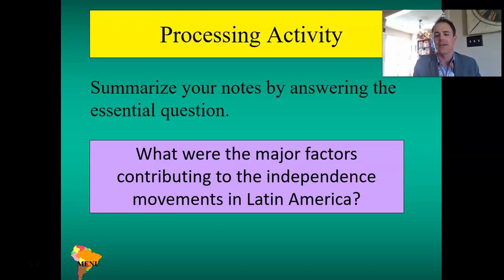Like, I don't want to see Simon Bolivar in here. That's too narrow. But don't get too broad and say something like the major factors were political. So you've got to get somewhere just right in the middle. You might say the strong leadership and just leave it at that, right? That would be an example of something just right.